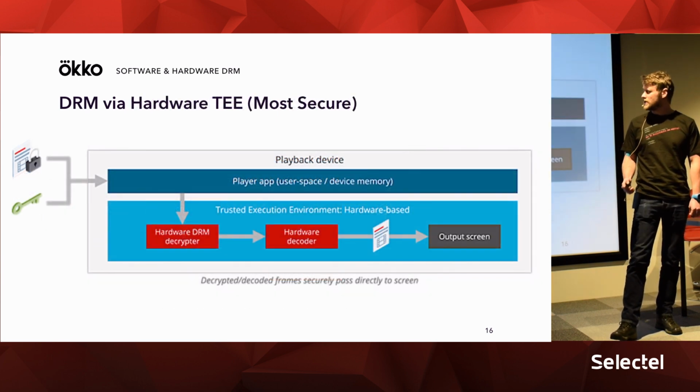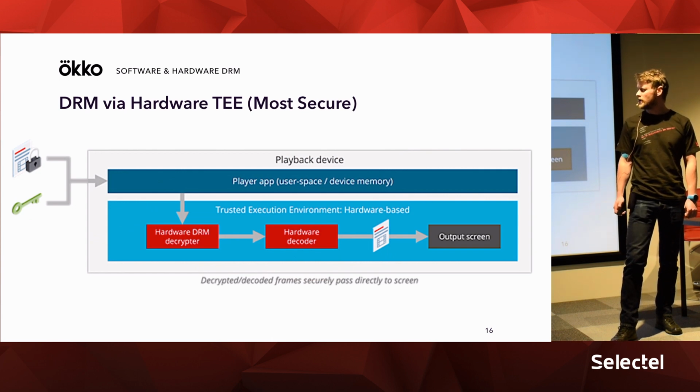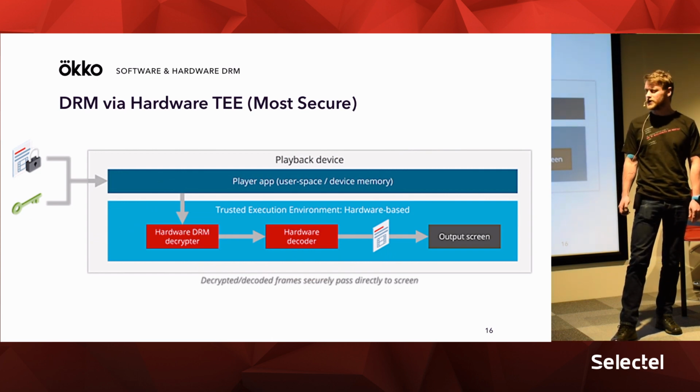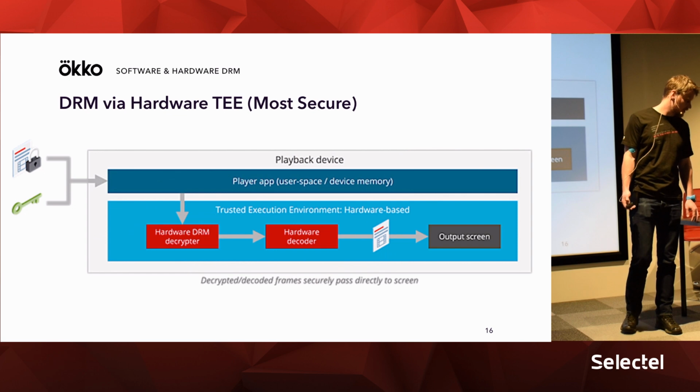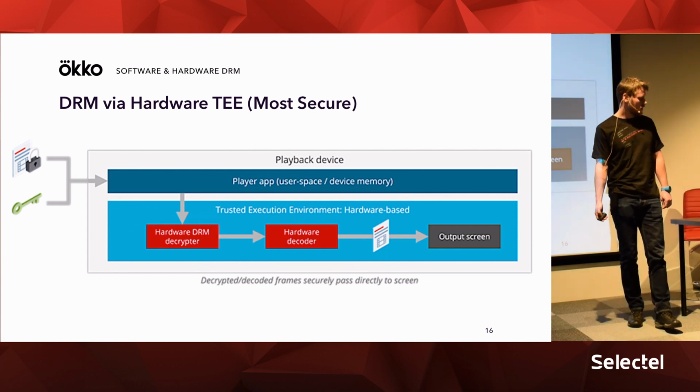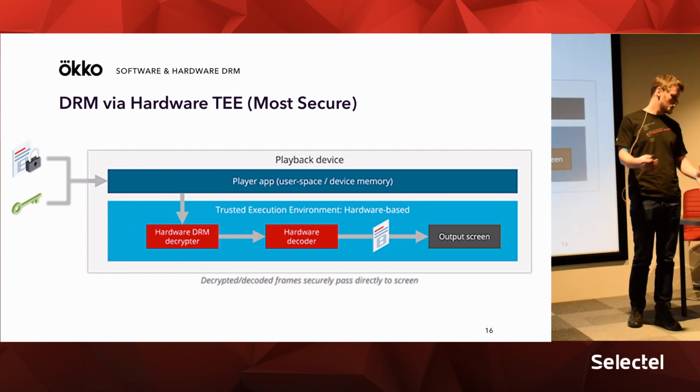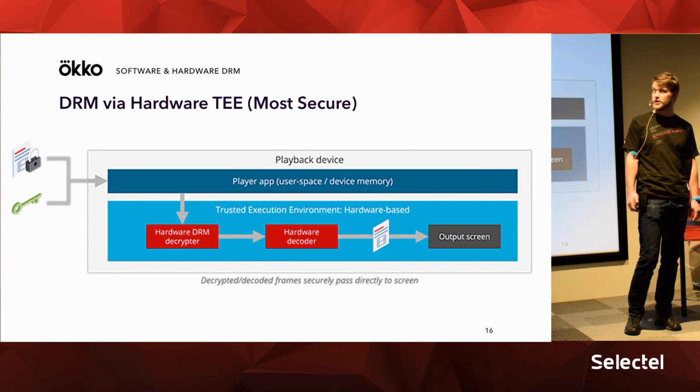And the most secure way is when all these parts are protected, so only on the screen is the unprotected video rendered. You obtain the license, store it in the hardware secure place, decrypt it inside this hardware trusted environment, and render it to the screen.